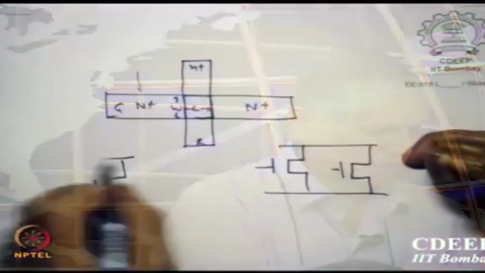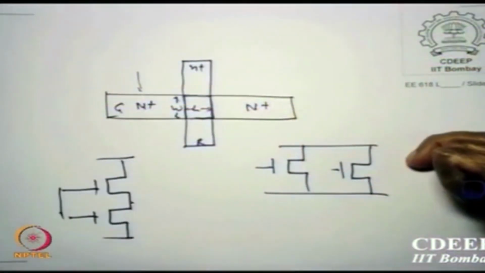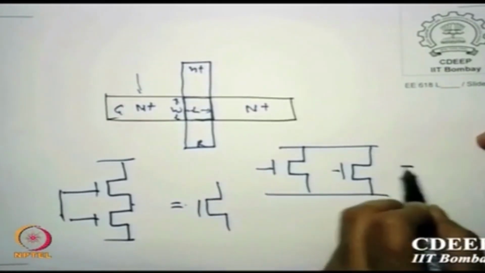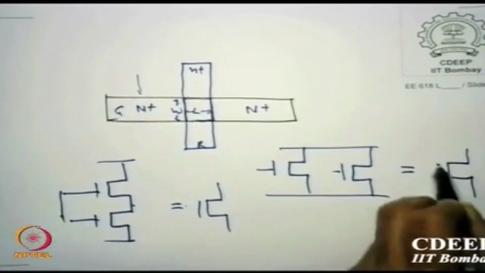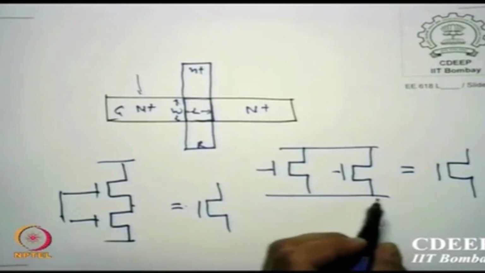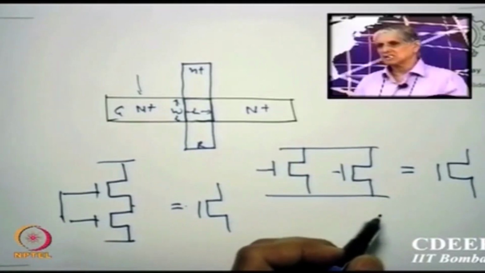The second is the equivalent of what, and this is the equivalent of what? In this case the lengths are doubled and the widths are the same. In this case the widths are doubled and the lengths are the same.